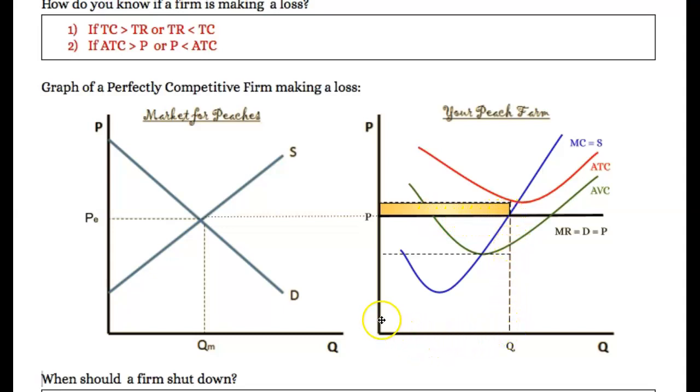So this box here is your total revenue, but where ATC intersects, that is your total cost. The difference between your total revenue box and your total cost box, in this case, is your loss. So this little yellow section right here is your area of loss.